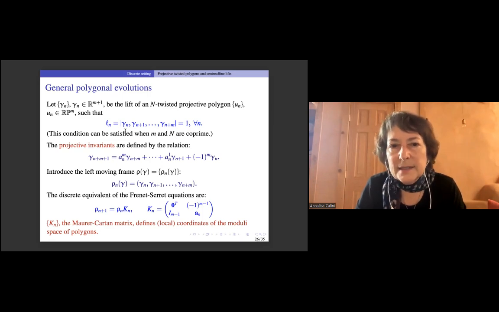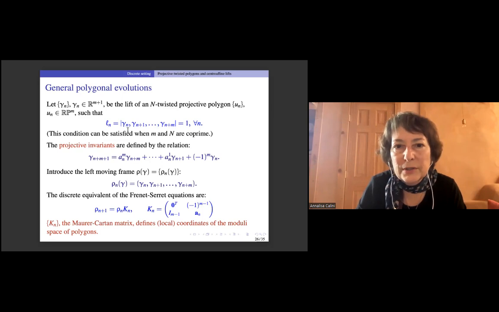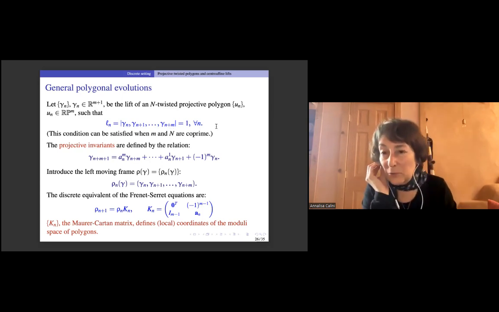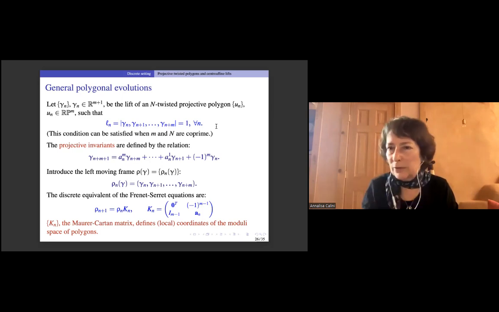Arc length is simply that the determinant of the first m+1 vertices of your curve in R^(m+1) is equal to 1. Think of it as an equivalent of our Klein condition.